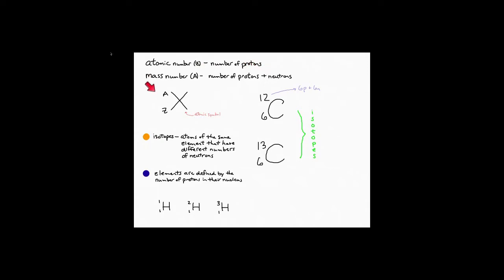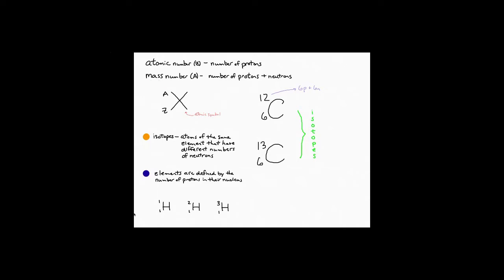So a full description of any atom will include three things: the atomic symbol, here generically represented as X, the atomic number Z, which is the number of protons in its nucleus, and the mass number A, which is the number of protons plus the number of neutrons.